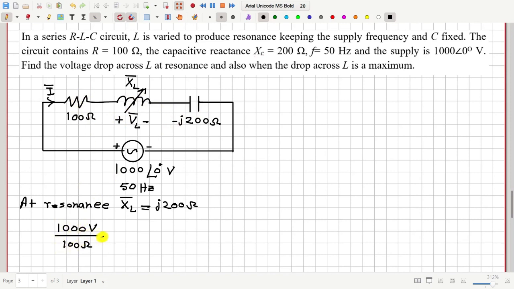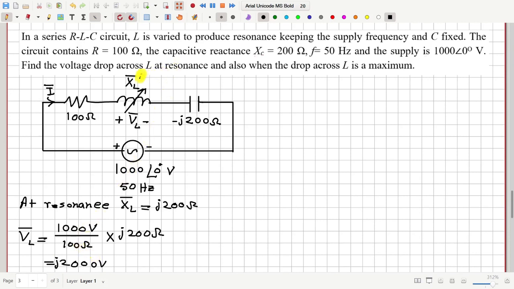Now, if this current is multiplied with the impedance of the inductor, that is J200 ohm, that will be equal to VL bar, inductor voltage. So this will be 2000 volt multiplied by J. So the value of this voltage is 2000 volt at resonance.